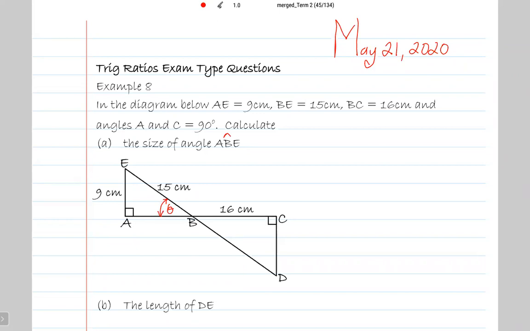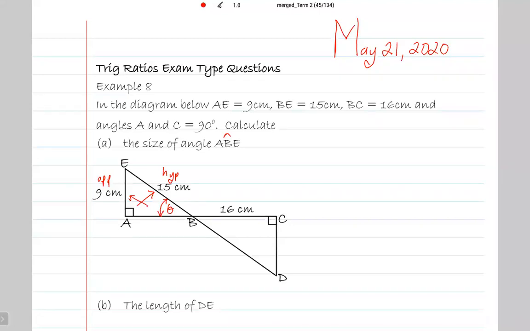All right. Now, triangle ABE is a right angle triangle. The side that is in front of the angle is the side that is opposite to the angle. The side that is in front of the right angle is the hypotenuse.